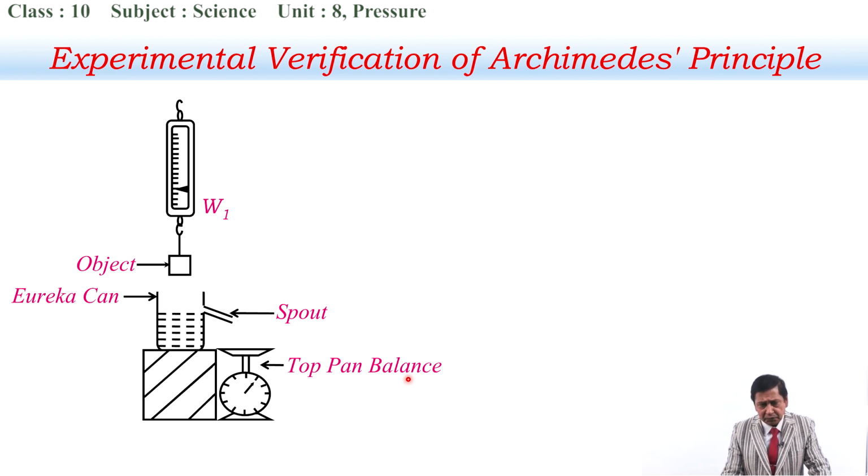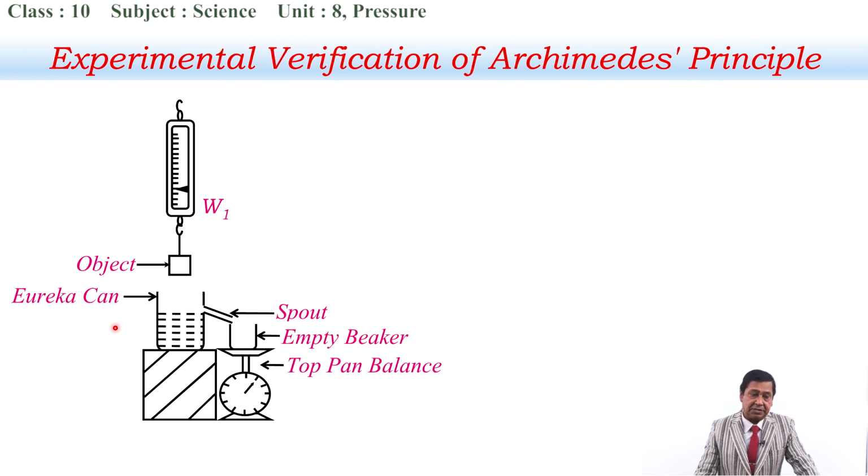Now, an empty beaker is taken over it, and any water that comes from this Eureka can is collected in the empty beaker. After this arrangement, I want to take the weight of this beaker also. Let's say the weight of the empty beaker is W3.